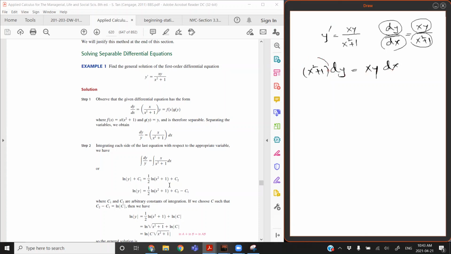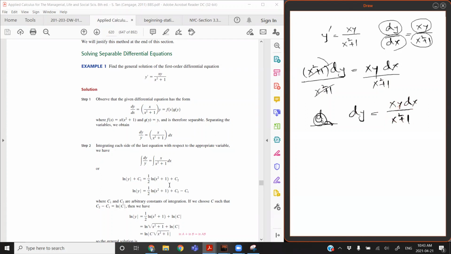So I should get rid of this part and bring it to the right, and I should also get rid of this y and bring it to the left. Now, how do I do that? I can divide both sides by x squared plus 1. On this side, this cancels this, and I get dy is equal to xy dx over x squared plus 1.